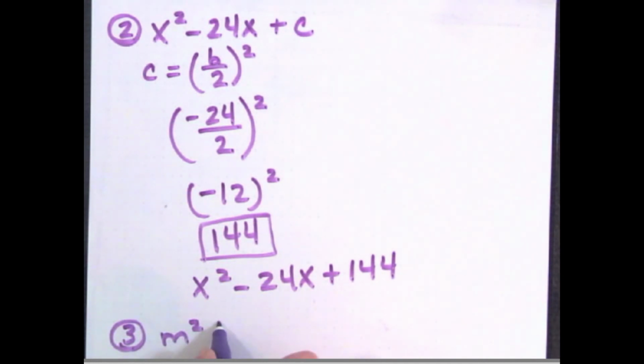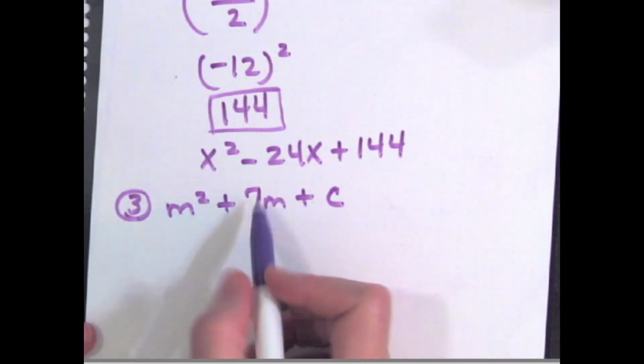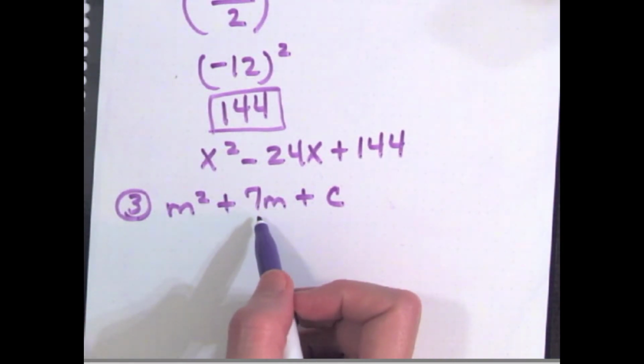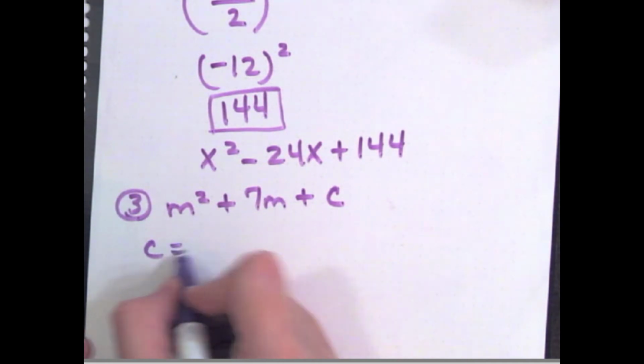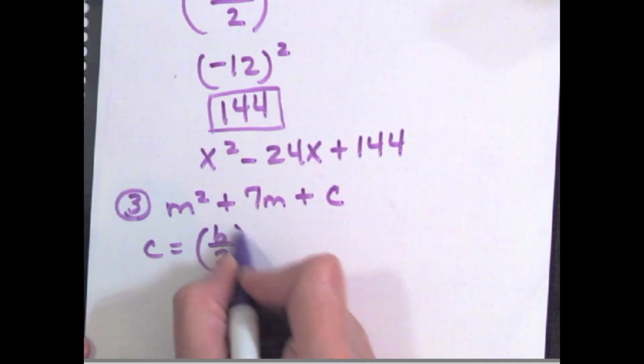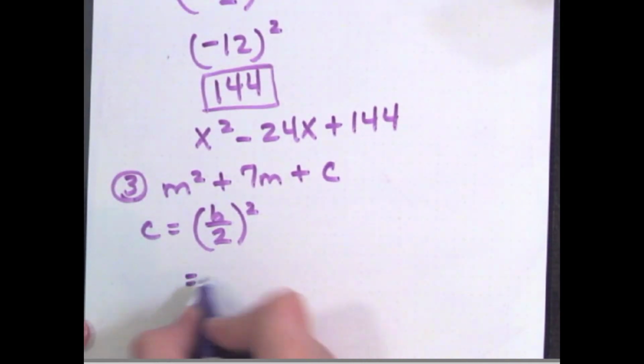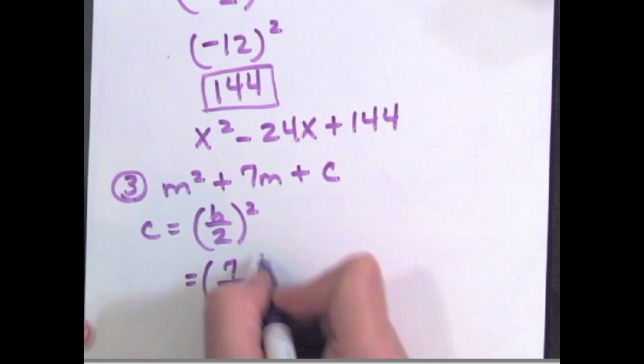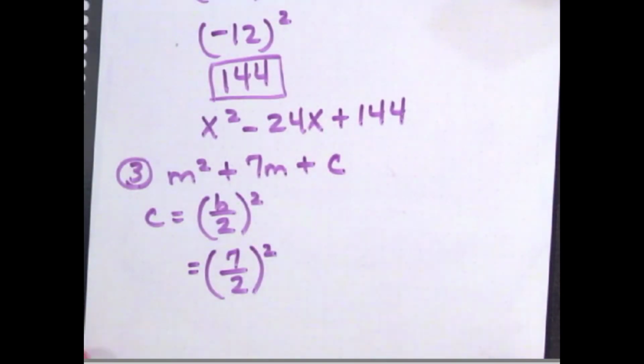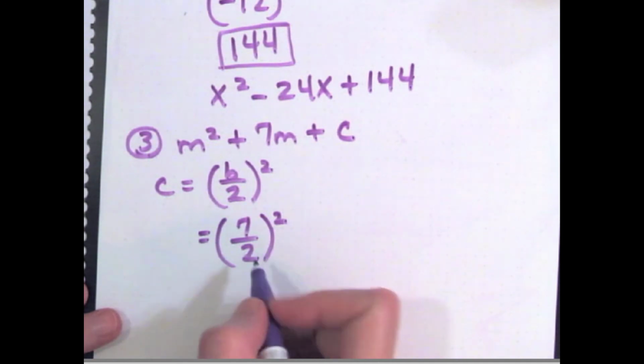Unfortunately, our B term is not always divisible by 2, so we might have some fractions. So here I see my B is 7. And remember, our rule is b over 2 squared. So that will be 7 over 2 squared. And we don't go for decimals on these.